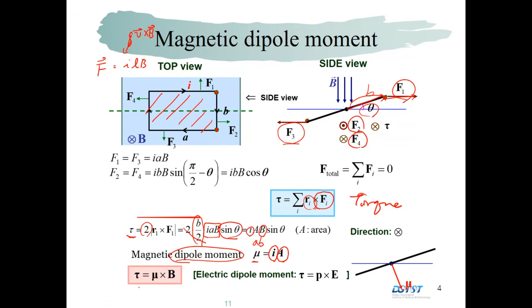And the torque is expressed by the magnetic moment multiplied by the magnetic field. That's the torque acting on the magnetic moment in the magnetic field B. This is quite similar to the torque exerted on an electric dipole moment.